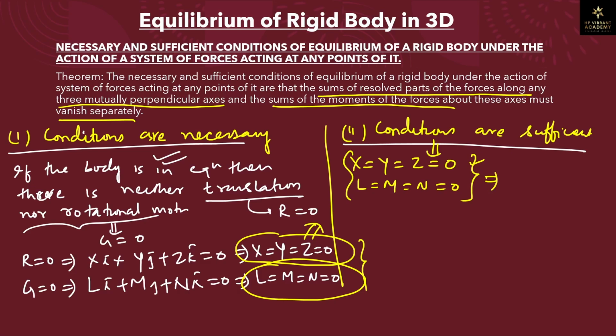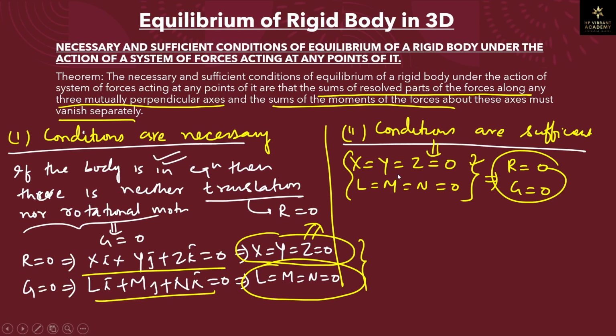This implies that R is equal to 0, because R is equal to X I cap plus Y J cap plus Z K cap, and X, Y and Z are all 0. L, M and N are all 0, which means G is equal to 0. So both the conditions imply that the body is in equilibrium.